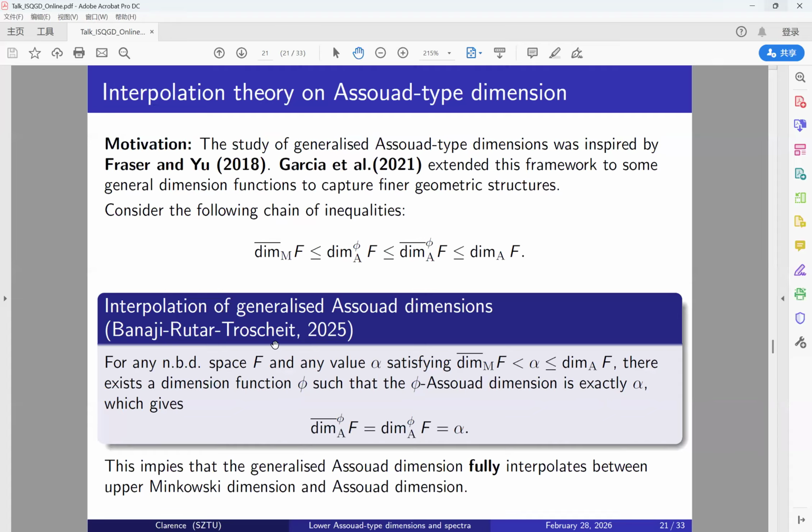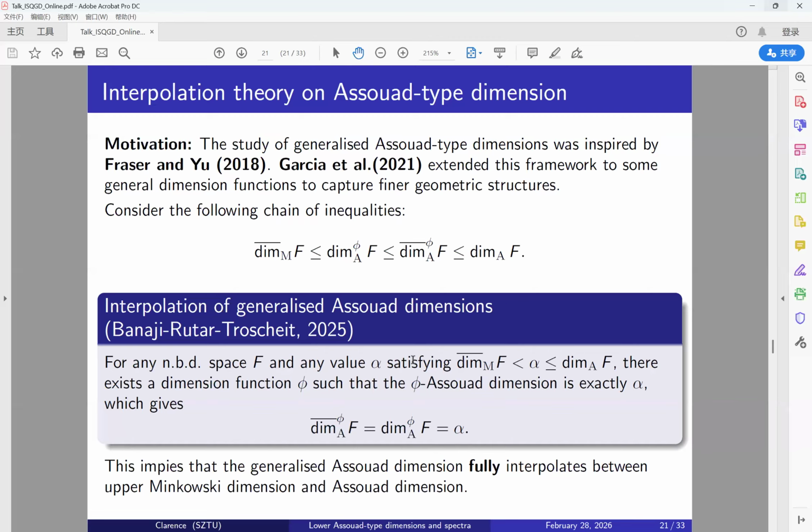And recently, Arman Banerjee, Alex Ritter, and Sasha Chowdhury in 2025 proved that the phi Assouad dimension can fully interpolate from the upper box dimension to the Assouad dimension. The result says for any unbounded doubling space F and for any value alpha between the upper box dimension and the Assouad dimension, there exists a dimension function phi such that the upper phi Assouad dimension equals the phi Assouad dimension and equals alpha.